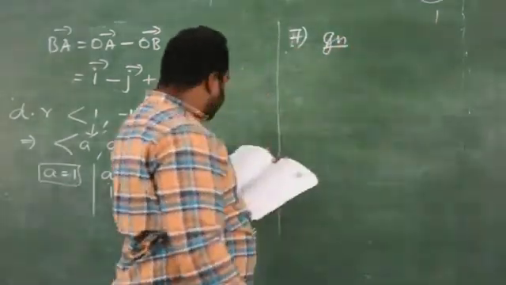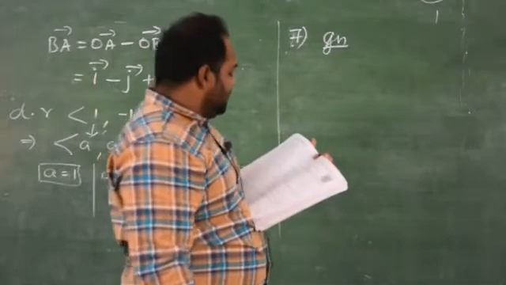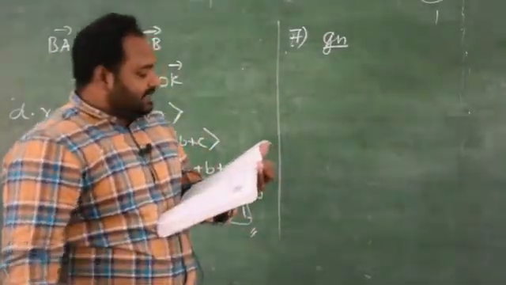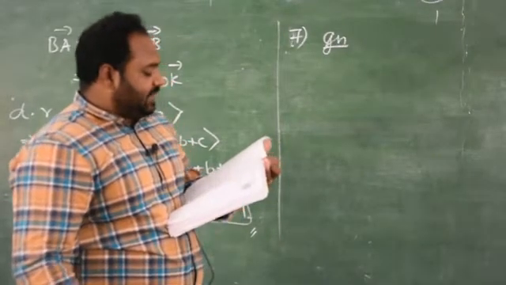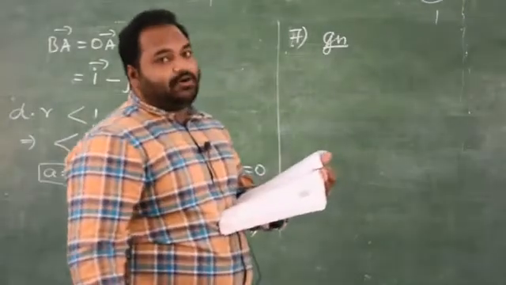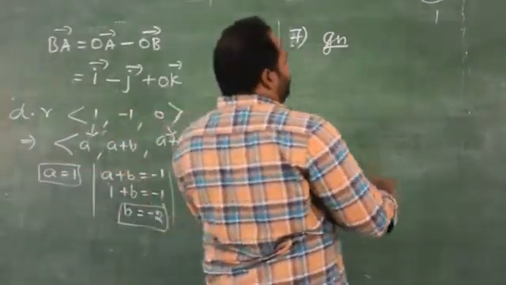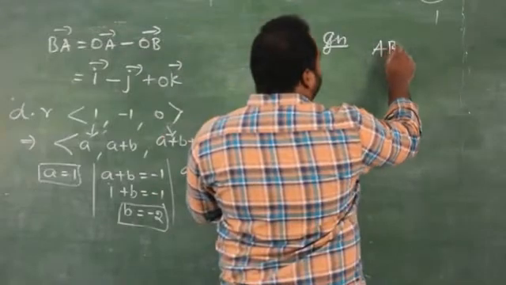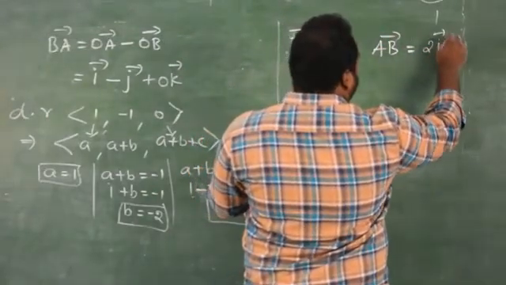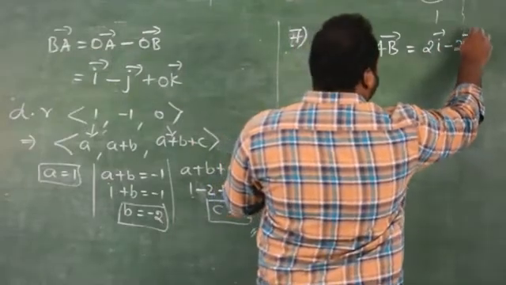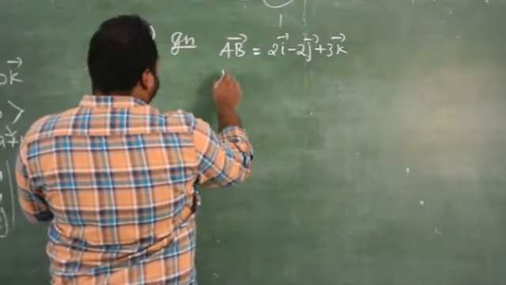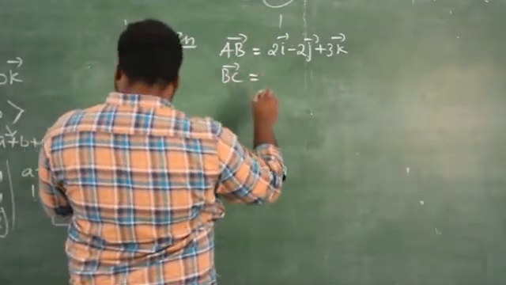Given three vectors: 2i minus j plus k is one vector, 3i minus 4j minus k is another vector, and i minus 3j minus 5k is the third vector. We have to show that these three vectors form a right angle triangle. For a right angle triangle, I am going to take these directly as sides. First one, 2i minus 2j plus 3k. Second one, AB, BC, second one I am taking as BC.